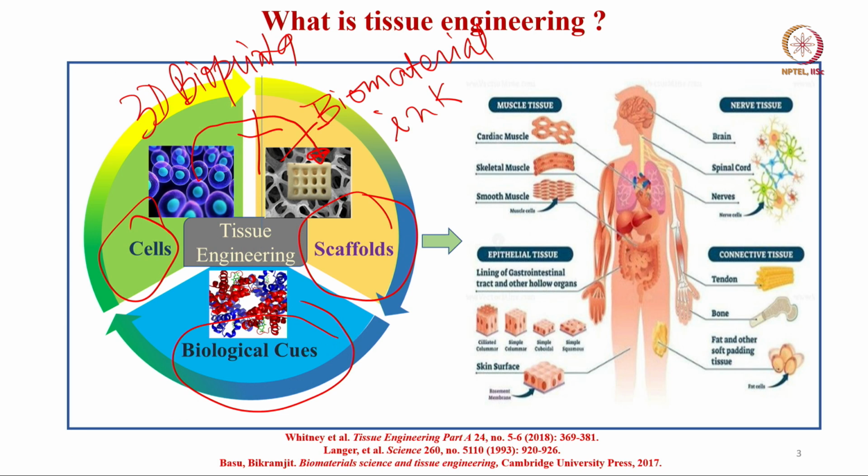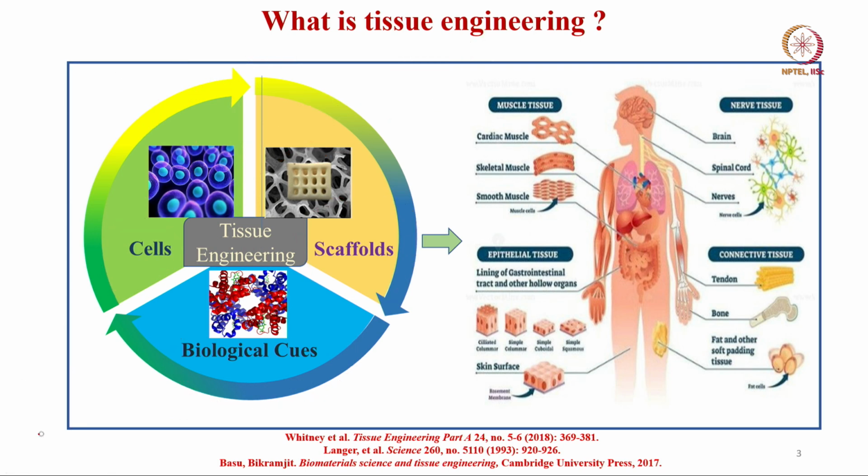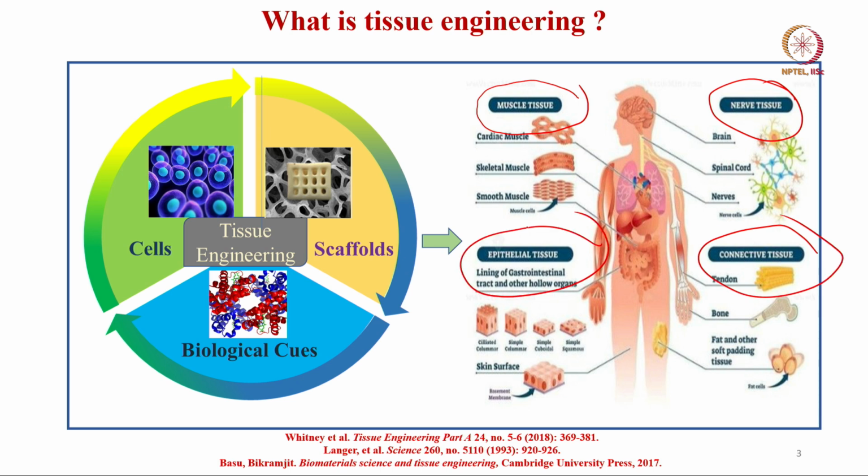And many scientists have shown that it is possible to regenerate muscle tissue or nerve tissue or connective tissue or epithelial tissue by 3D bioprinted structures to a reasonable extent.